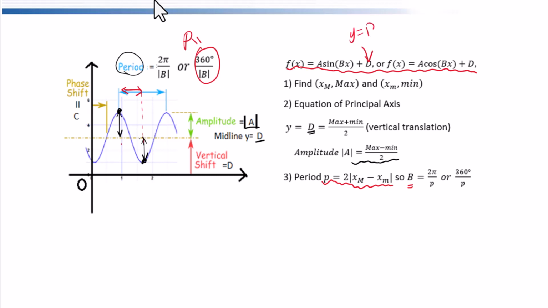Y equals d is the equation of the principal axis. Absolute value of a is the amplitude. This B, we can use 360 degrees over period to figure out.